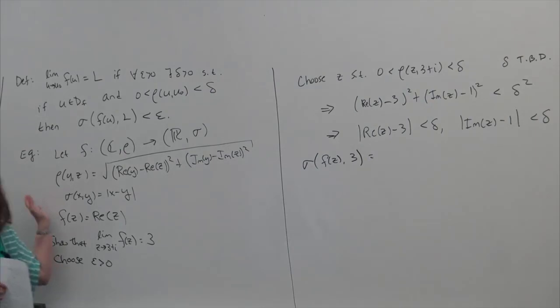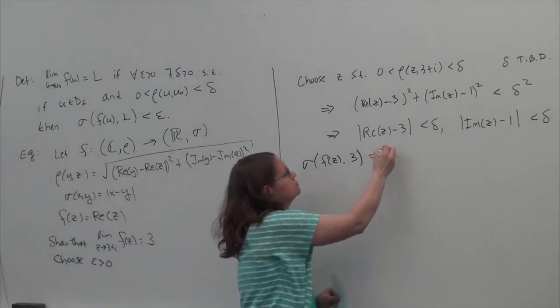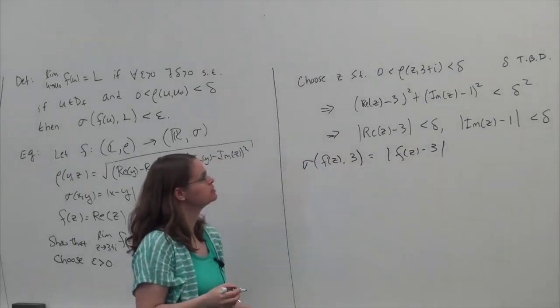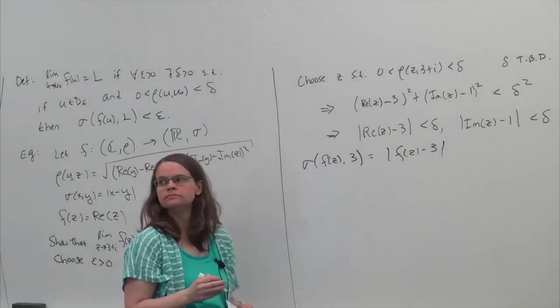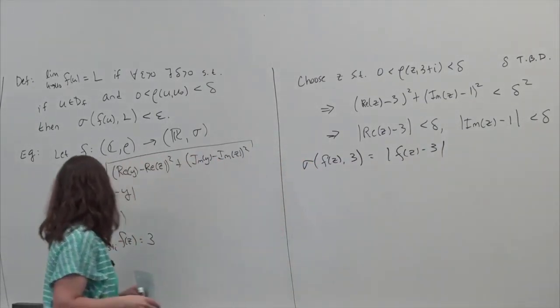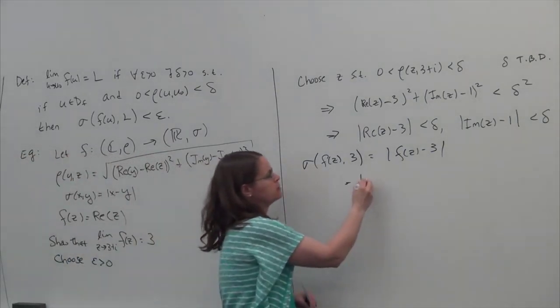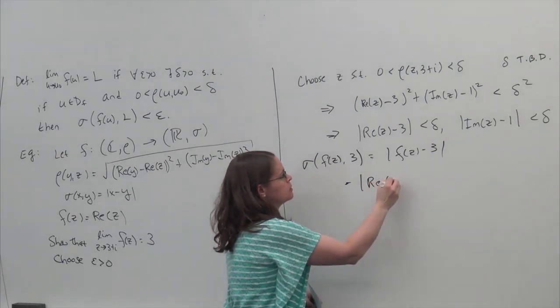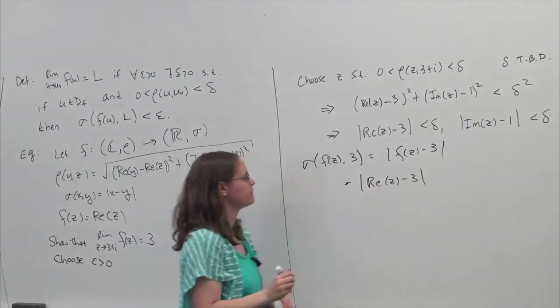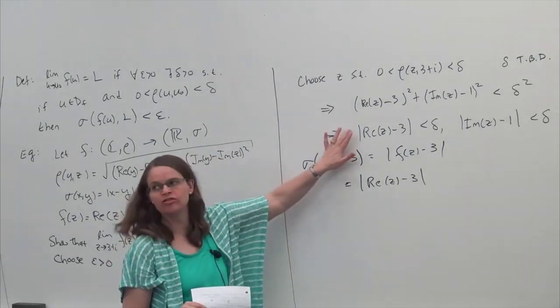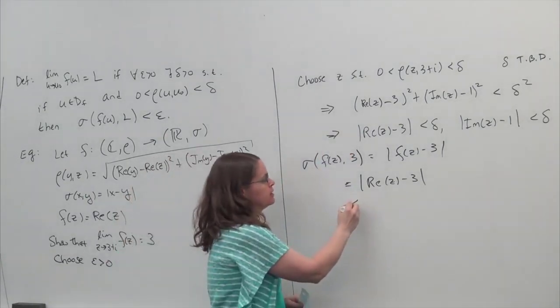That's just the standard Euclidean metric. All right, what did we say f was? f is the real part of z, which is known to us to be less than our delta.